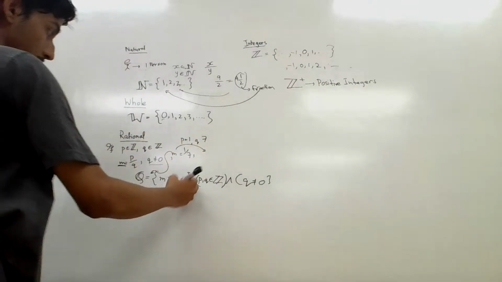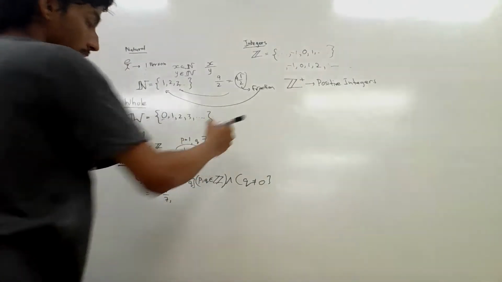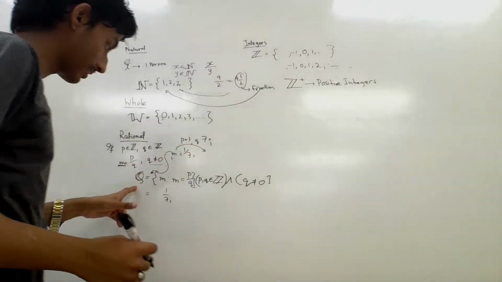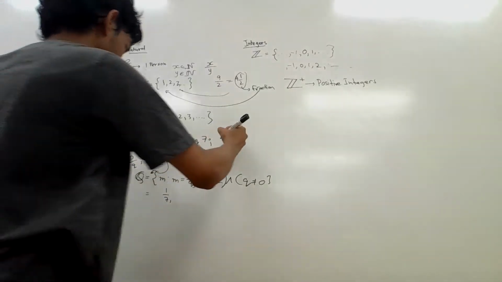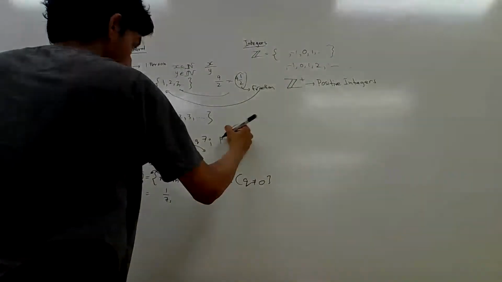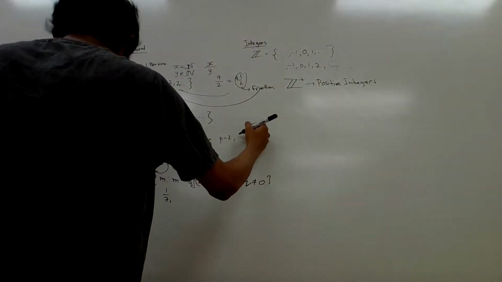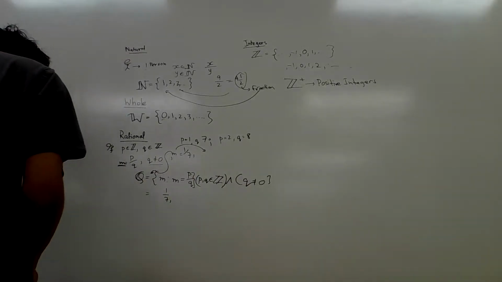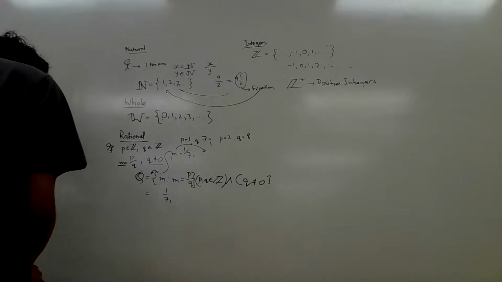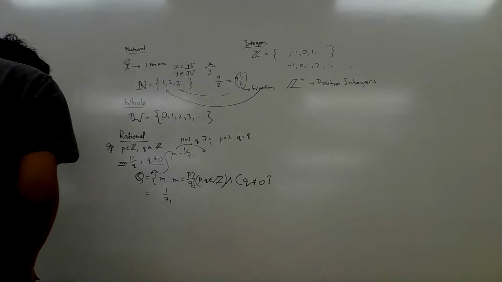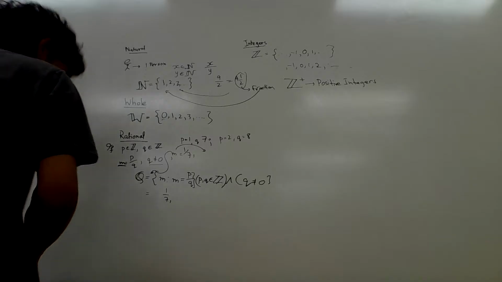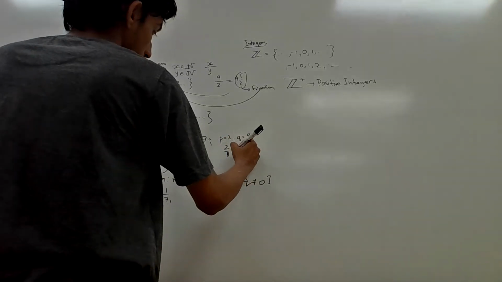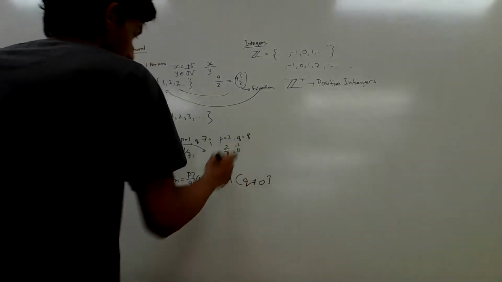What we are doing is constructing the set called rational numbers. Now you can take p equals 2 and q equals 8. So 2 by 8 equals 1 by 4, which is also a fraction.